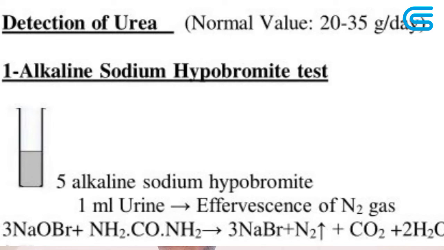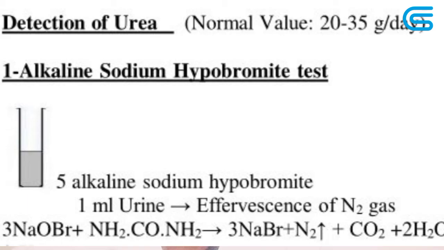I'll show you an equation there, whereby the sodium hypobromite reacts with the urea and it liberates nitrogen, and this nitrogen is what is collected, and it is directly proportional to the amount of urea in urine.